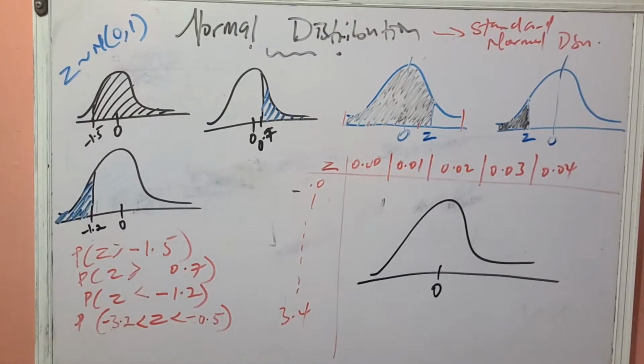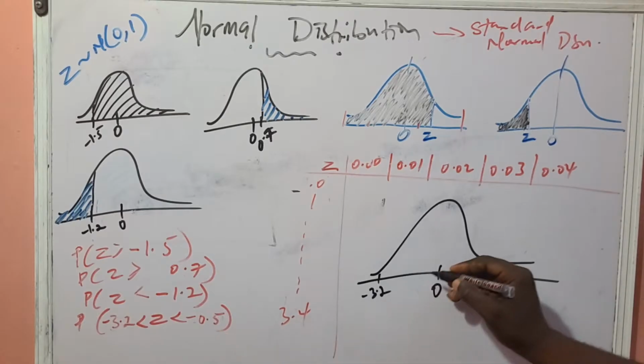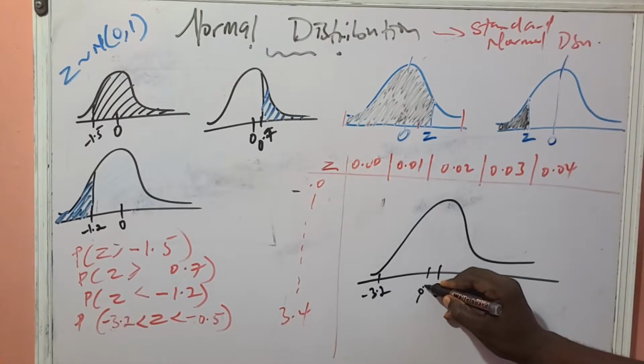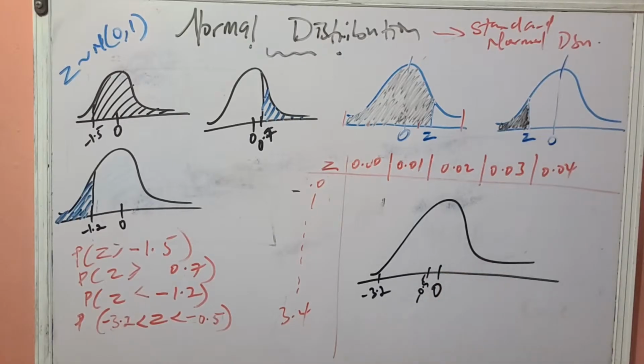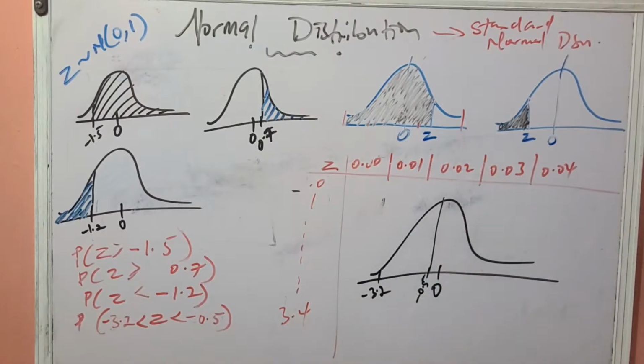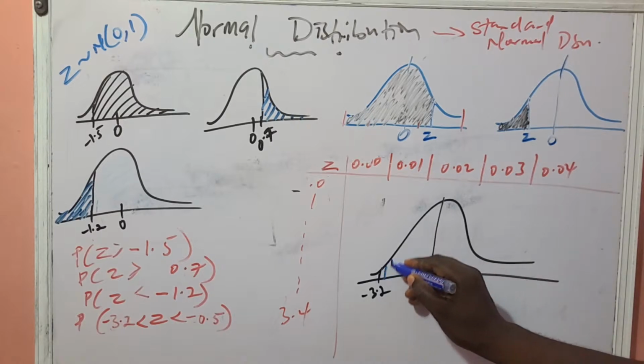So notice that both of them are negative. So 3.2, I'm going to assume that should be around here. That's minus 3.2. Minus 0.5 is obviously going to be a bit close to the 0. So we identify that here. So you can see that in this case, the area I'm shading will obviously be just this part.